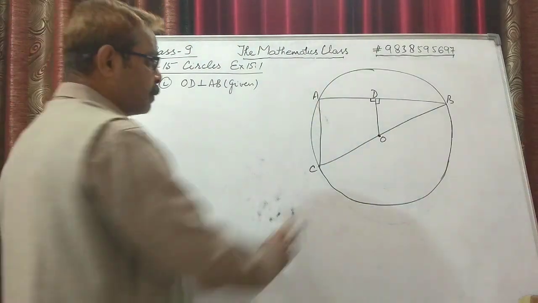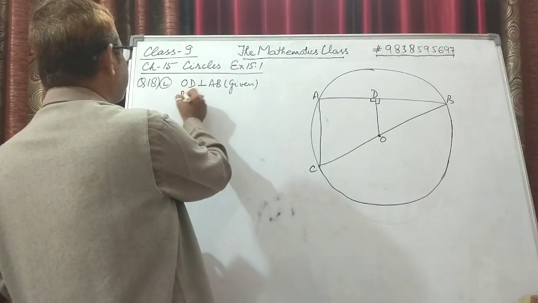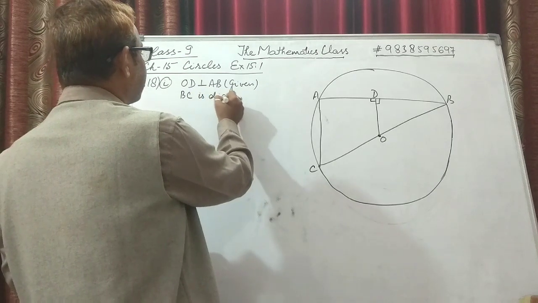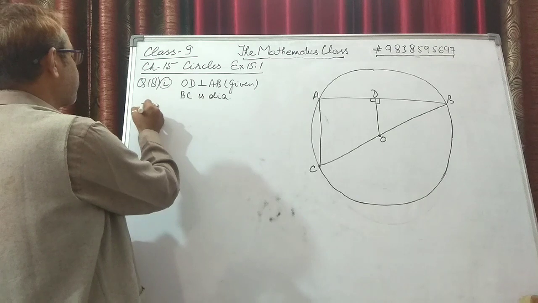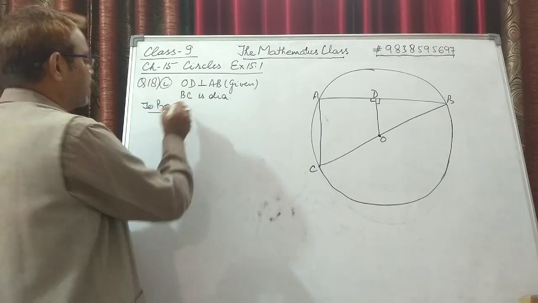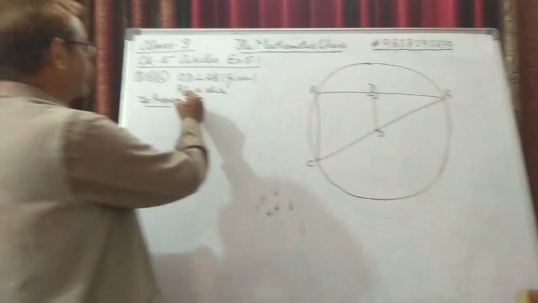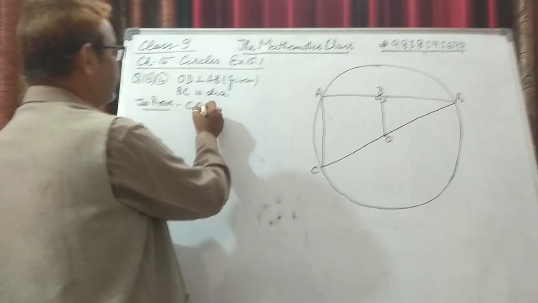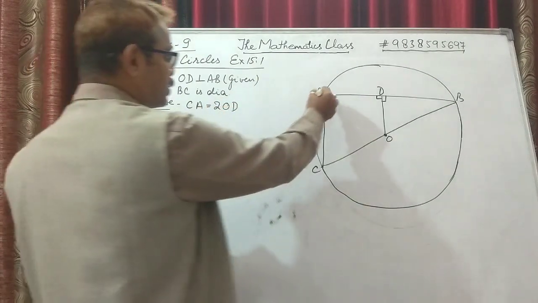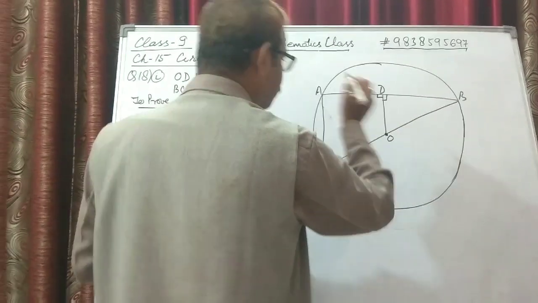If BC is the diameter, it is also given that BC is diameter. Then what we have to prove? They say that prove that CA is equal to twice of OD. This CA line should be proved as 2 times of OD.